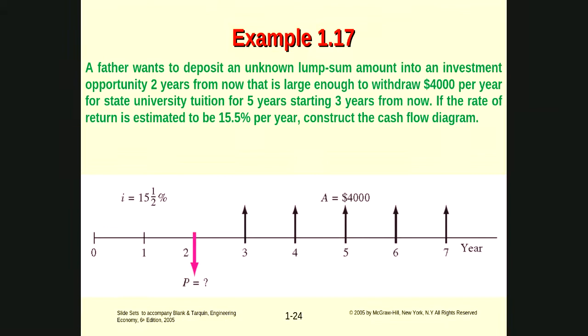Okay, clarified. The question says the amount into an investment opportunity 2 years from now. When it says opportunity for investment 2 years from now, when will he invest? He will invest after two years. So at year 2 he will do the investment. But when the return will come, it says here on the third line, for the university tuition fee for 5 years starting 3 years from now.